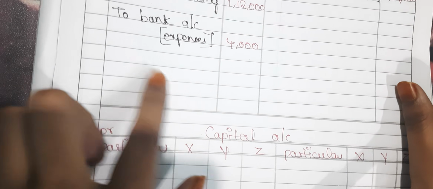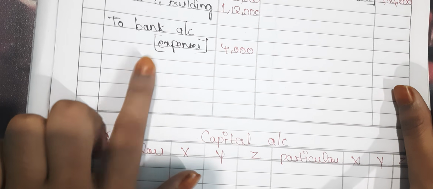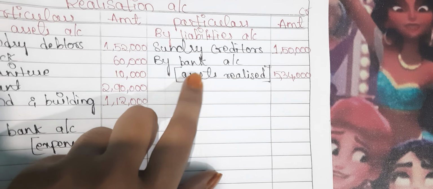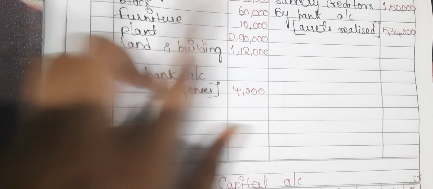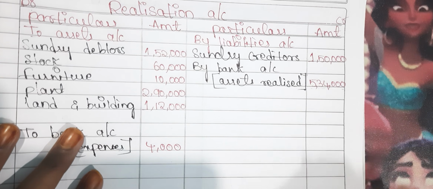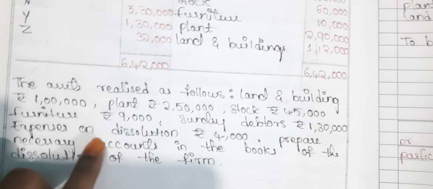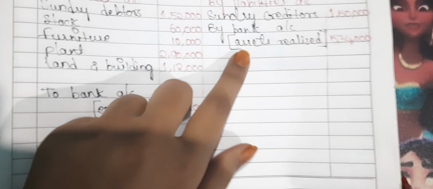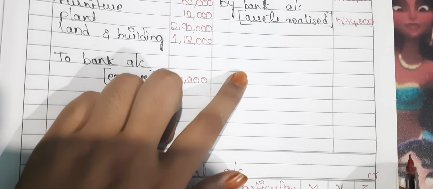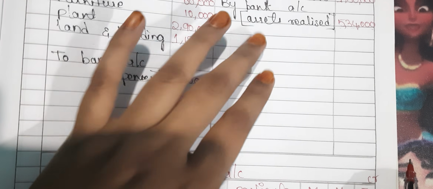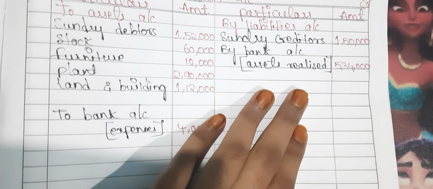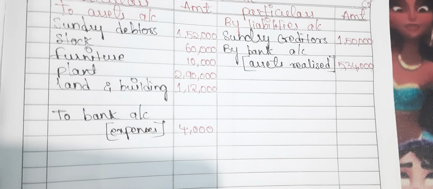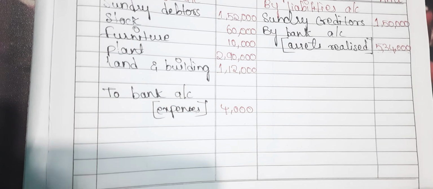I have directly taken the amount by adding all the assets which got realized. But you can also take land and building 1 lakh, furniture realized, or machinery realized individually. I have taken it at a time because the video will become long. If you take individually, it will look good.